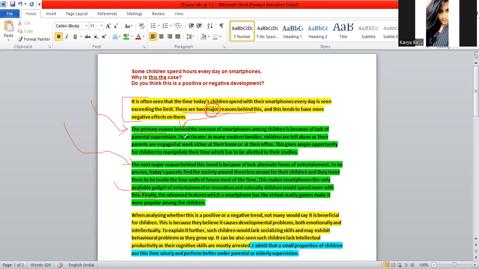To be clearer, in many modern families, children are left alone as their parents are engaged at work, either at home or at the office. Now we have some punctuation errors here.